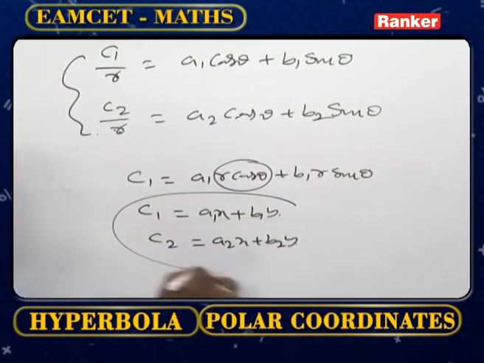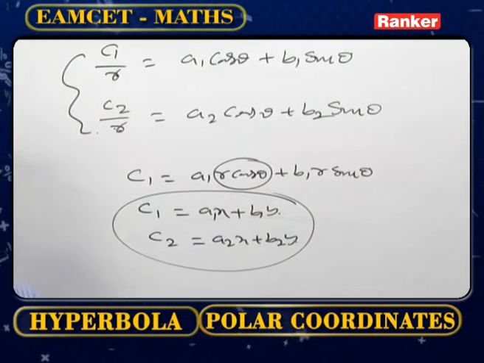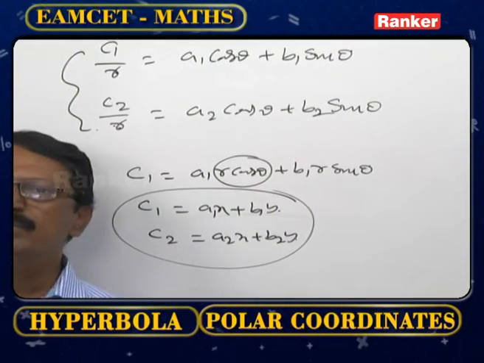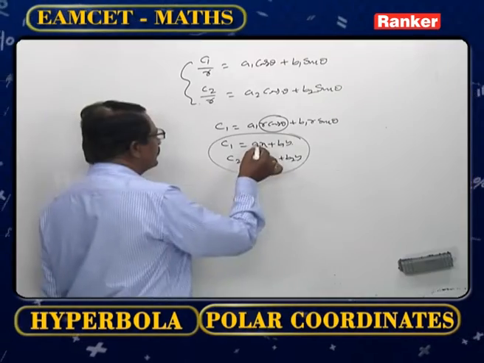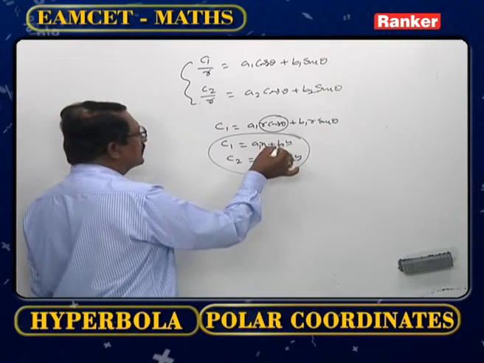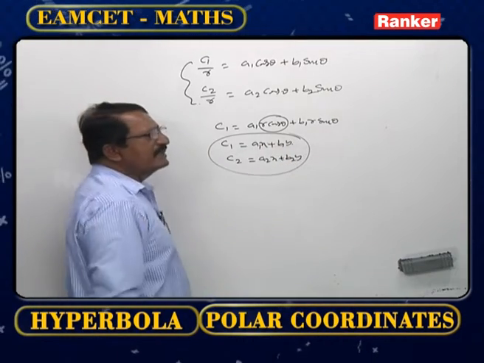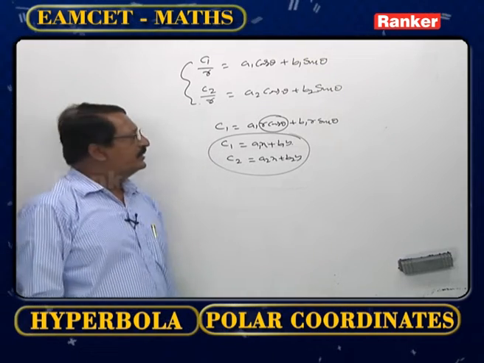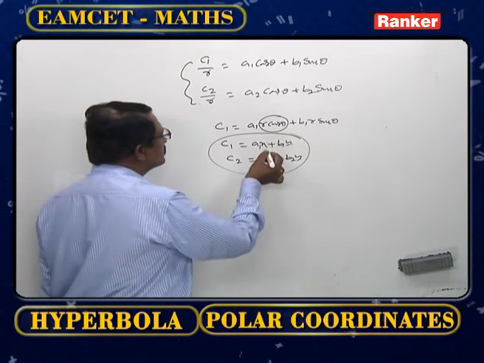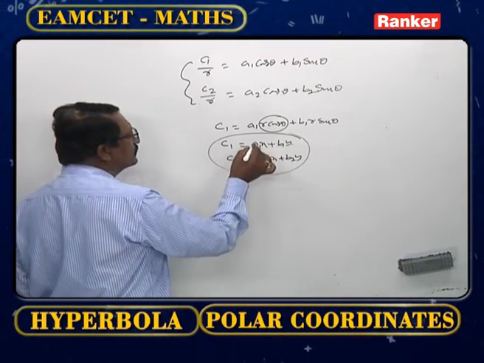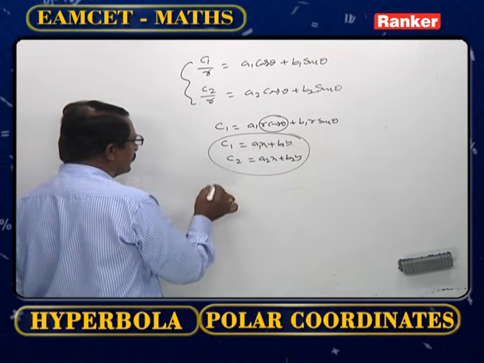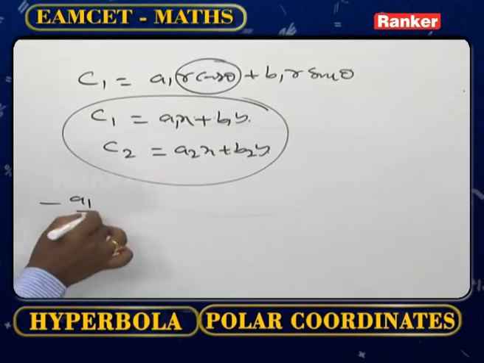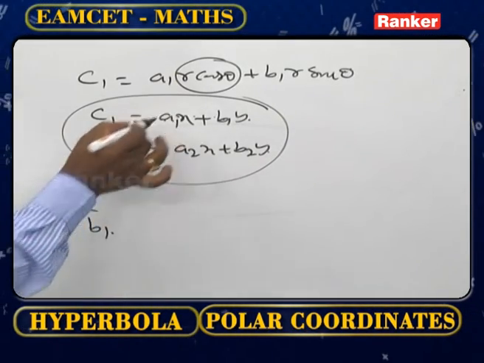But in the problem given, these two lines are perpendicular to each other. Then the condition: the product of slopes of two lines must equal minus 1. Now, slope equals minus coefficient of x by coefficient of y. Minus a1 by b1 is the slope of the first line.